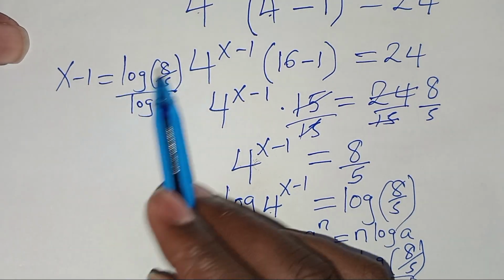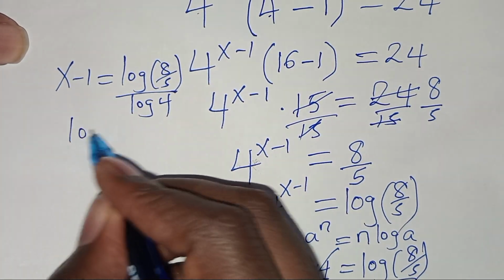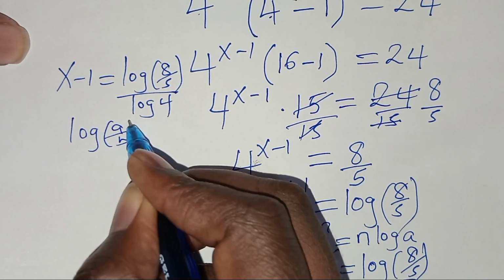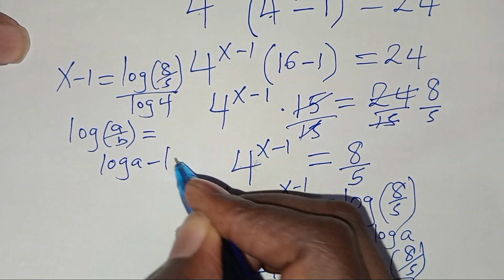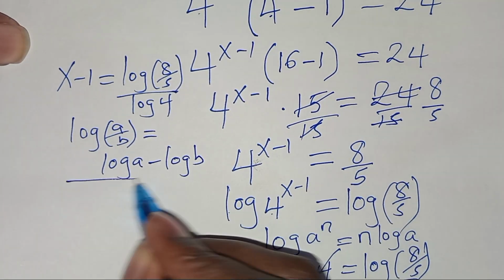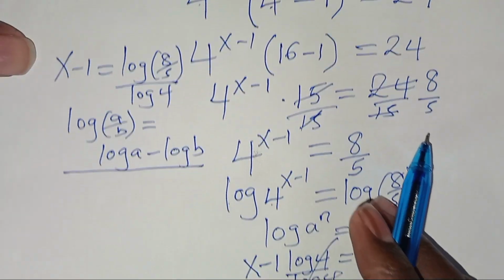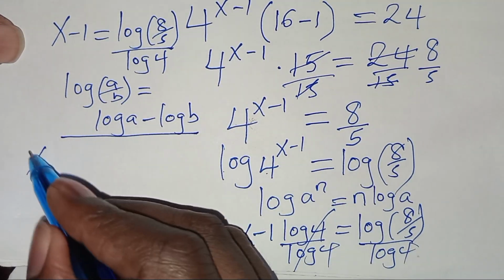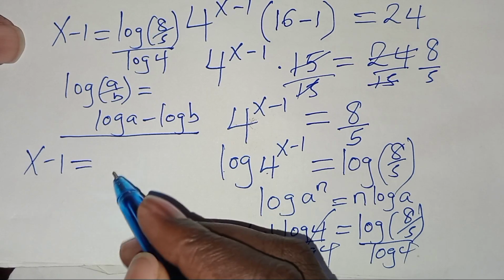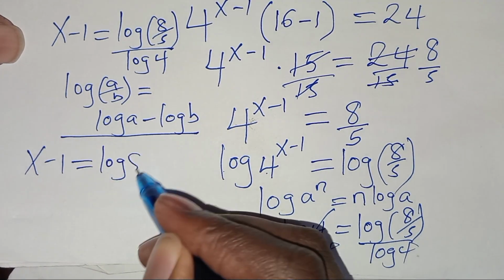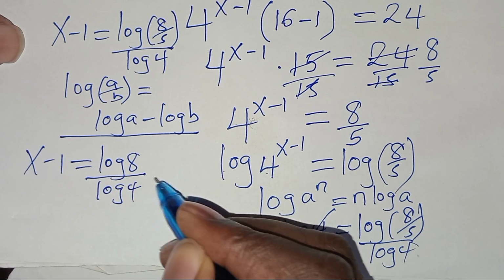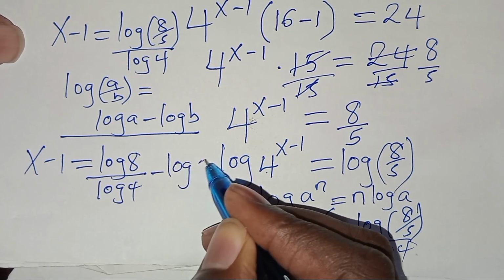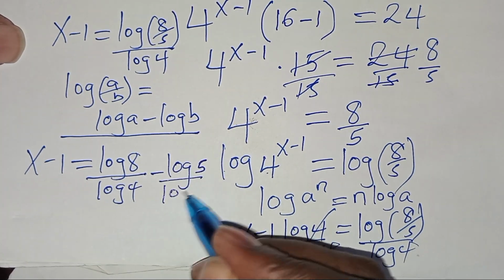Now log 8 divided by 5 is in the form of log a divided by b, which we can express as log a subtract log b. So let's apply this property. Here we'll have x subtract 1 equal to log 8 divided by log 4 subtract log 5 divided by log 4.